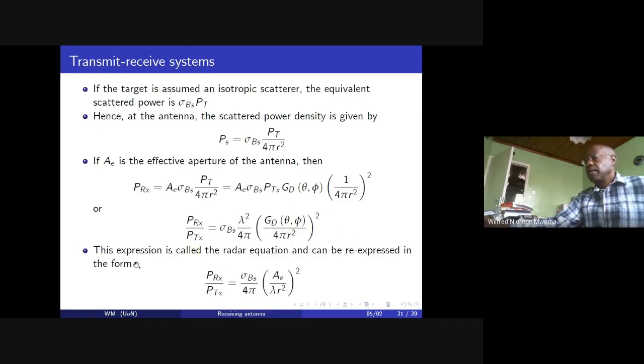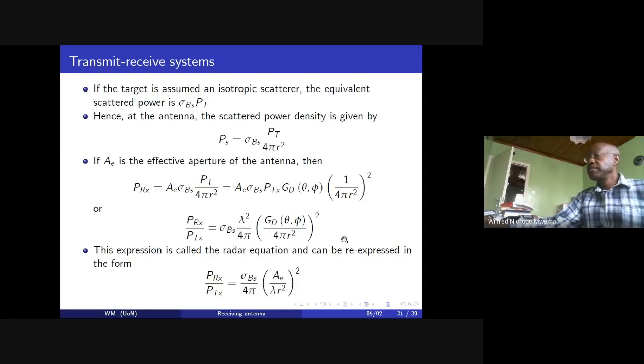So this expression is what is called the radar equation, and can be recast in the form the receive to transmit power ratio given by sigma, that is the backscatter cross section, divided by 4 pi multiplied by the effective aperture of the antenna over the wavelength of the operating signal, multiplied by the intervening distance squared, all squared.